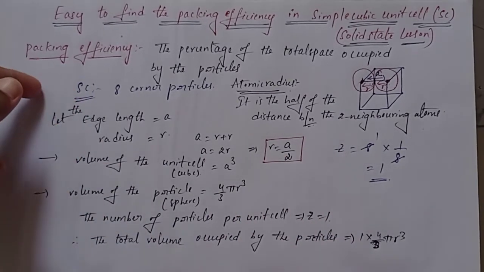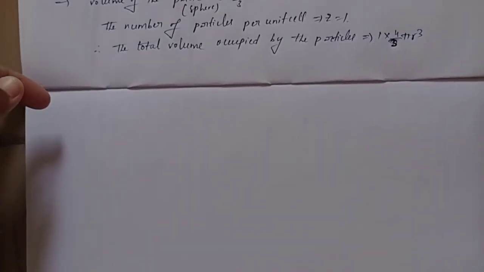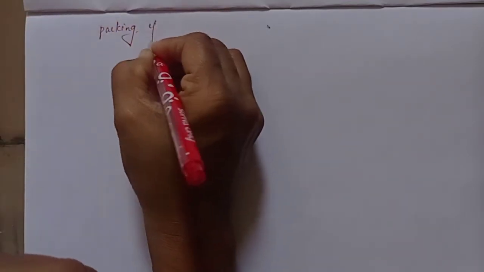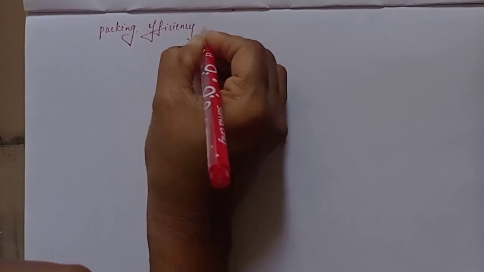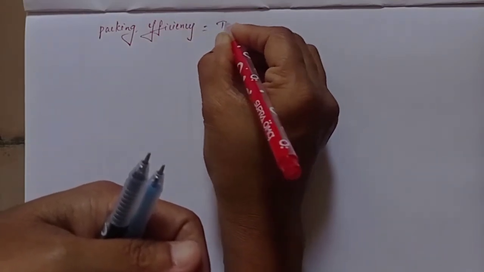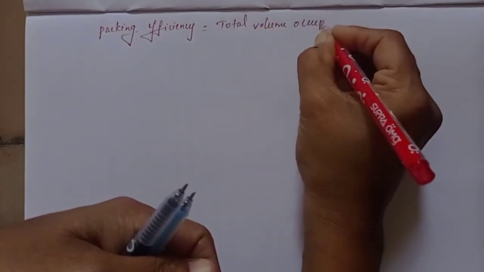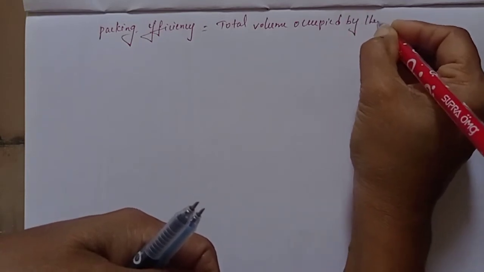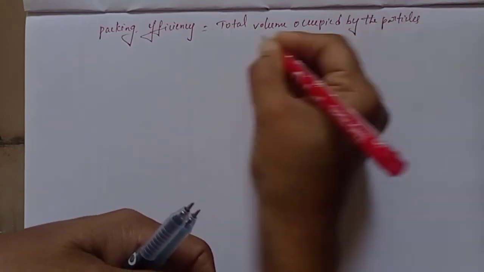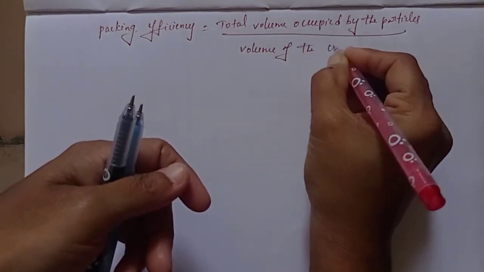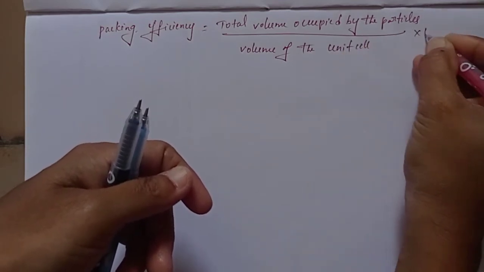Now packing efficiency we have to find. How to find it, students? Packing efficiency is equal to the total volume occupied by the particles divided by the volume of the unit cell, into 100%.